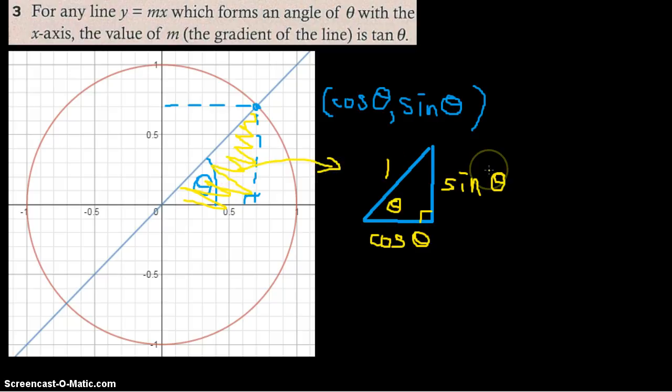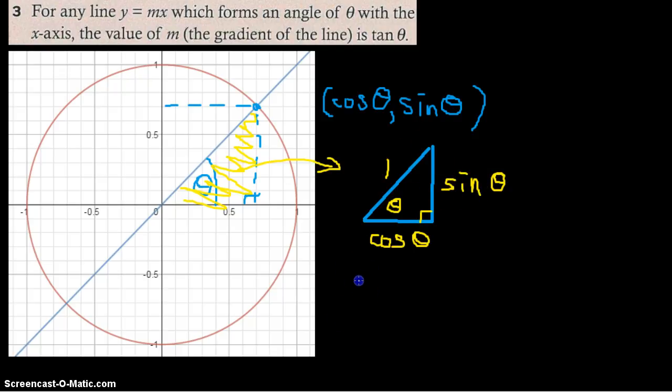Alright, so now one of the first properties that we learned about right triangles back in middle school was the Pythagorean theorem, right? Or some people call it the Pythagoras theorem, right? Which says if I have a right triangle, the square of the base plus the square of the height is equal to the hypotenuse squared, right?